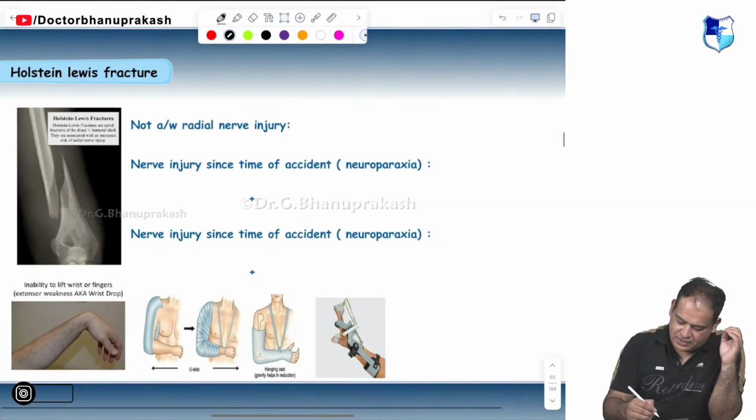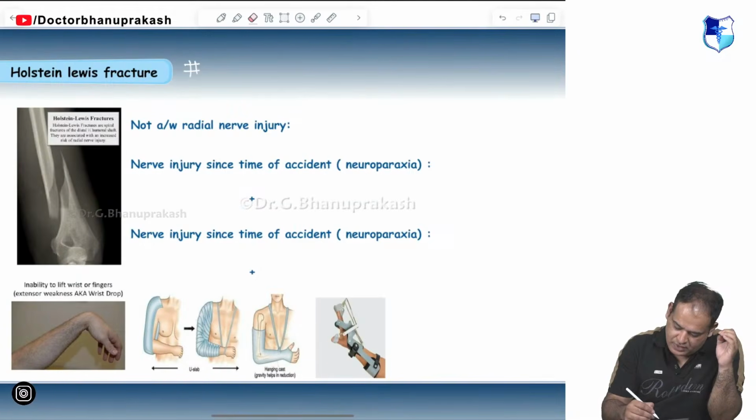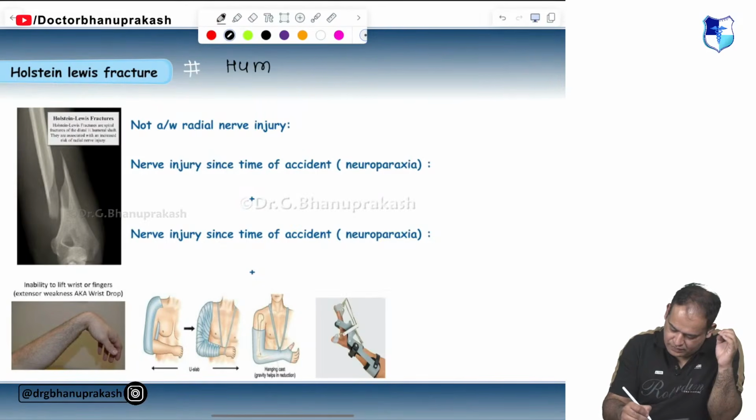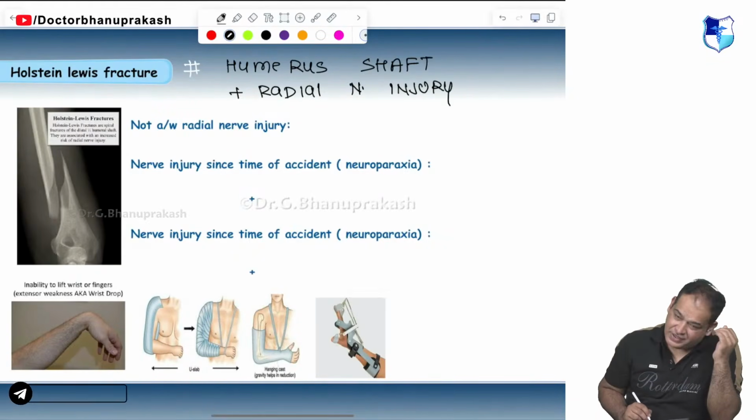Now, Holstein-Lewis fracture. Holstein-Lewis fracture is the fracture of humerus shaft plus radial nerve injury.